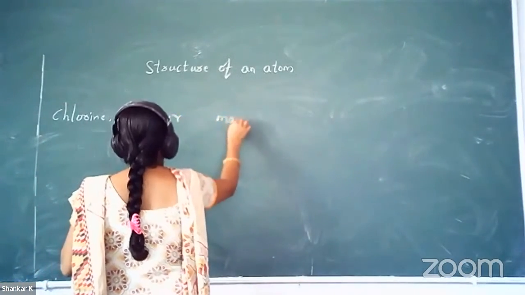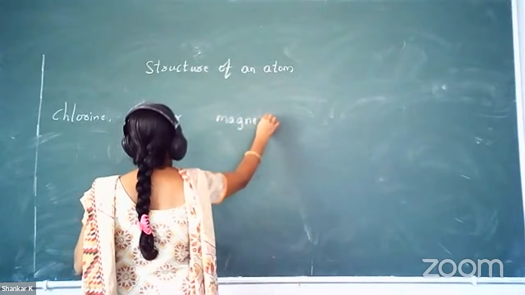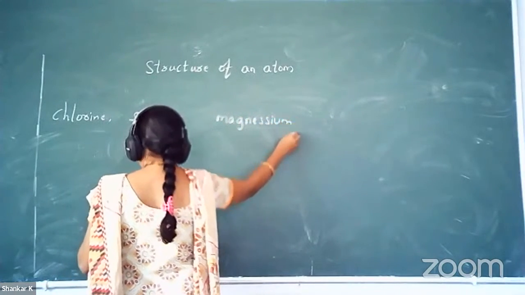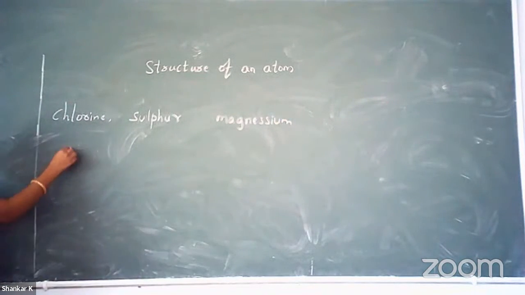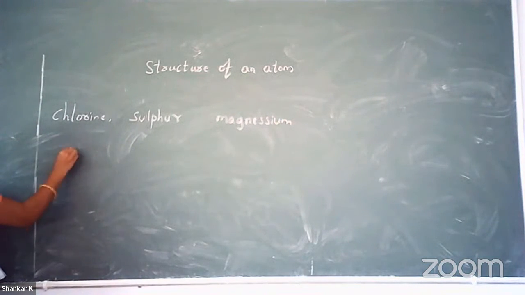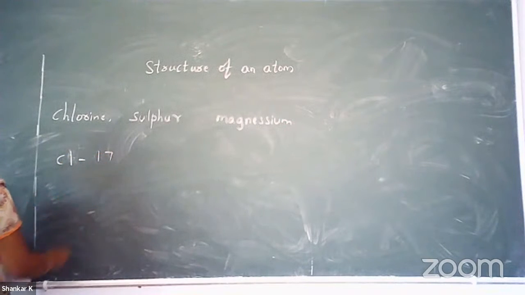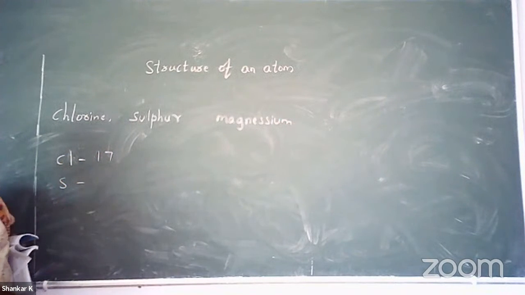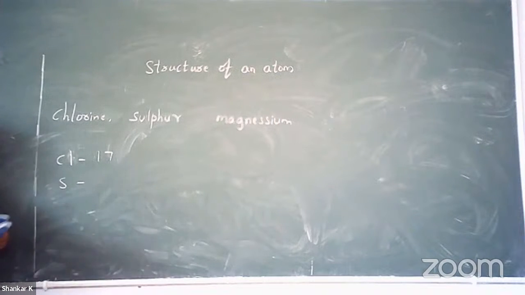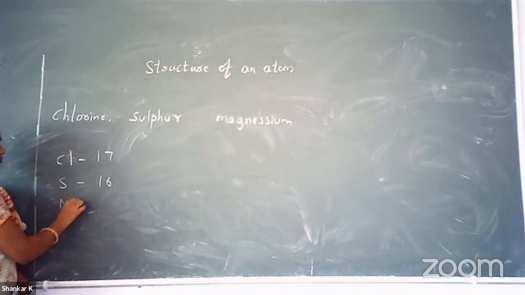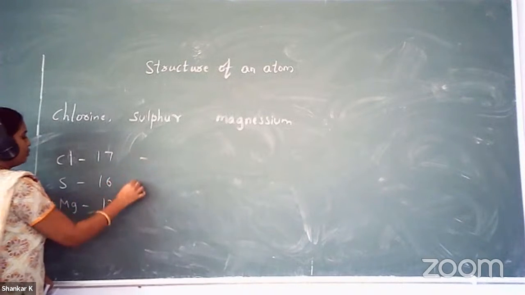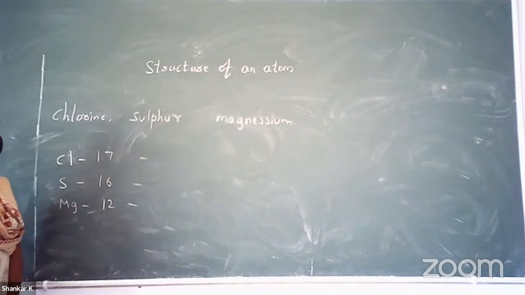How do you find the valency number, students? Come to the first, chlorine. We know that chlorine has 17 atomic number. Sulfur has how many? Sulfur 16. Magnesium has 12. We have to go to the electronic configuration, right?